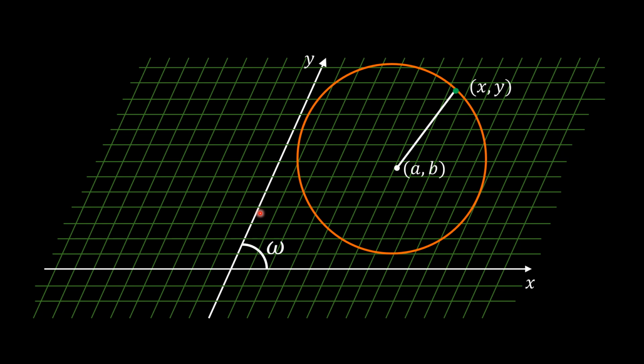So if we normally look at the Euclidean x-y space, the x and y are 90 degrees to one another. If we ask ourselves, what if x and y are at an angle omega shown here, and we still have a circle described by points x, y, and the center being a, b, with respect to x and y coordinates, then we can do a couple of things.